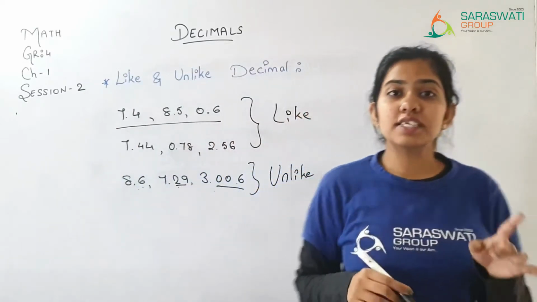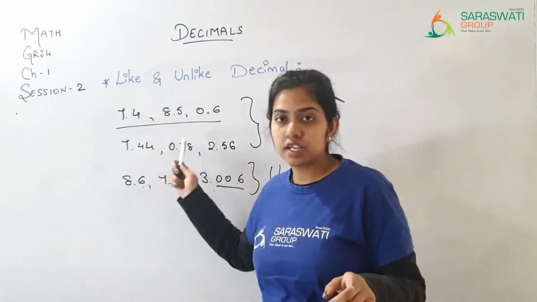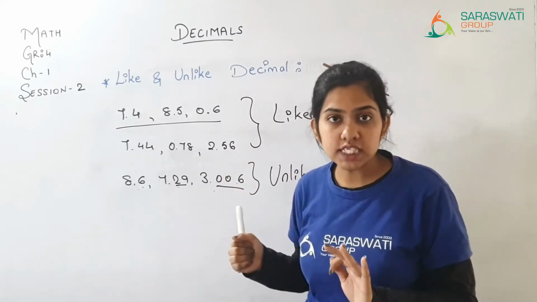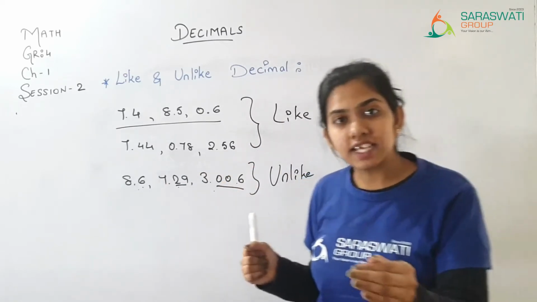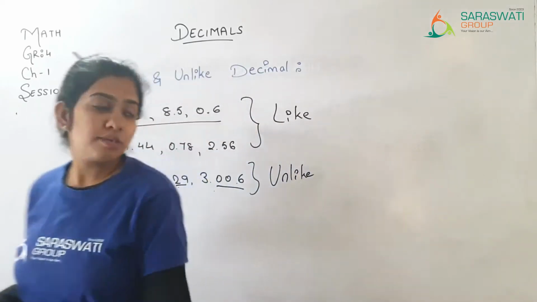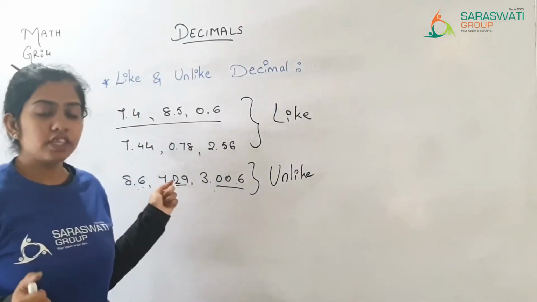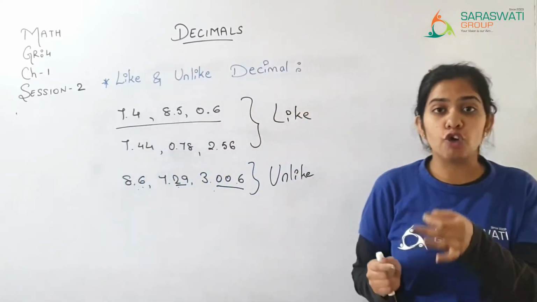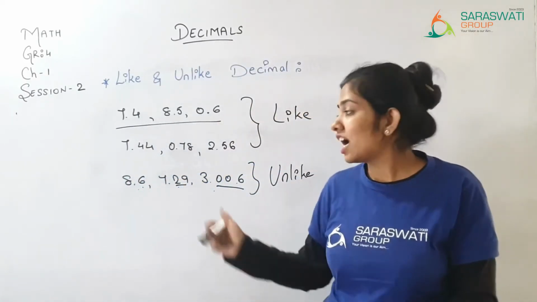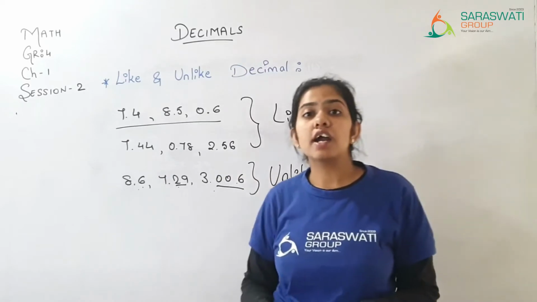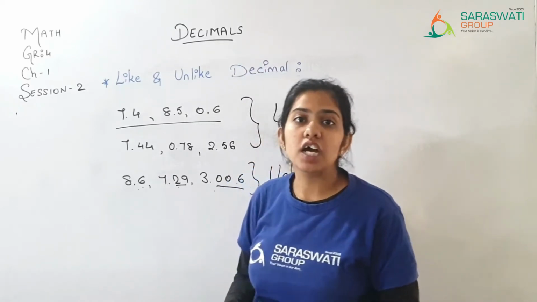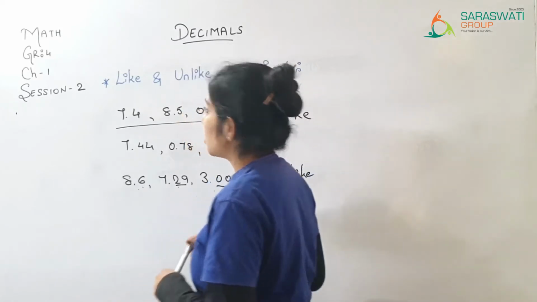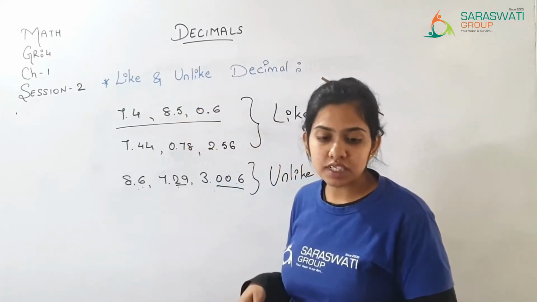So the decimals having the same number of digits after the decimal point are called like decimals, and the decimals which do not have the same number of digits after the decimal point are called unlike decimals. Okay, so this is all about like and unlike decimals.